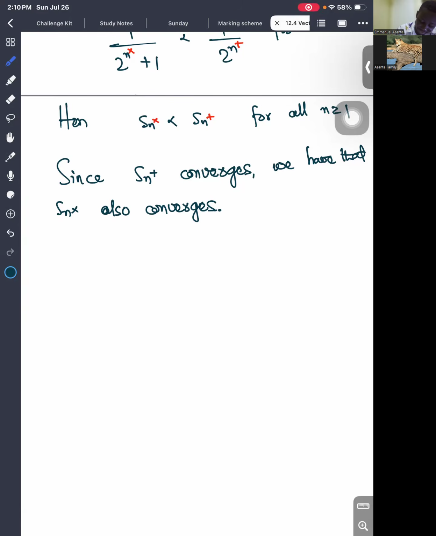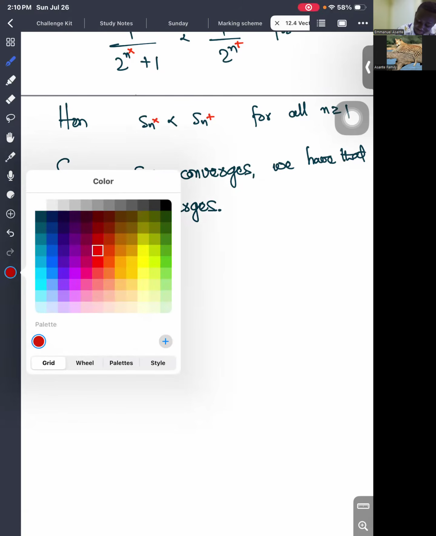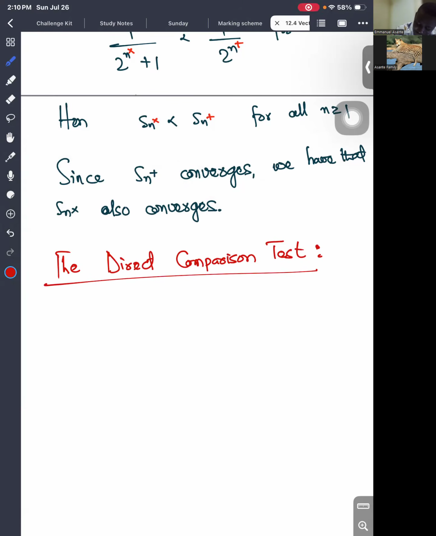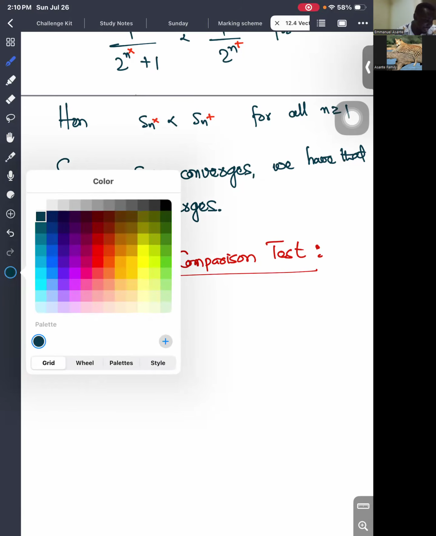Let's write out the formal statement of the direct comparison test, and then we will go on to solve more examples with it. It has two statements, one about convergence and one about divergence.